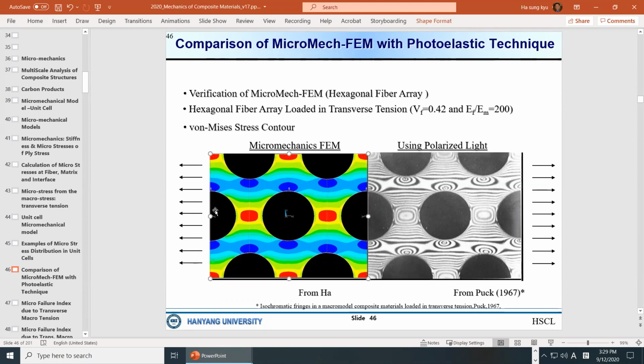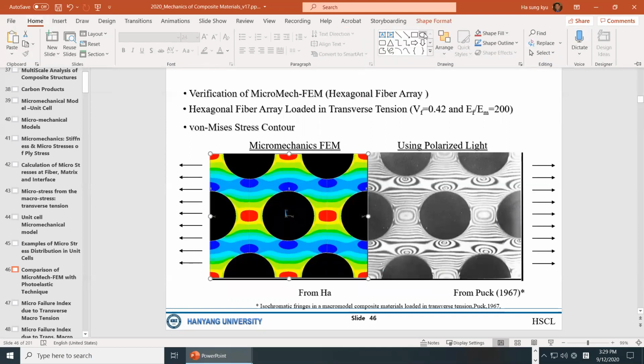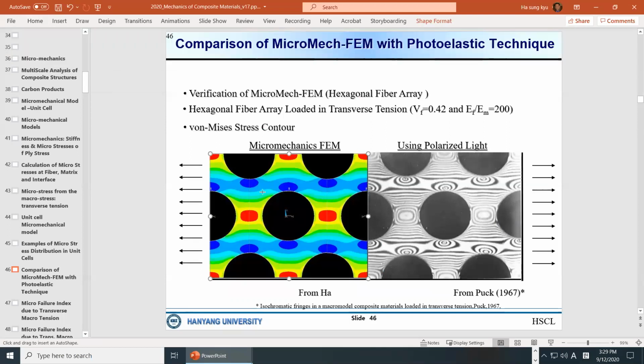And this is actually one unit cell calculation, as you can see here. This is the one unit cell calculation, and as you can see, these are repeated.